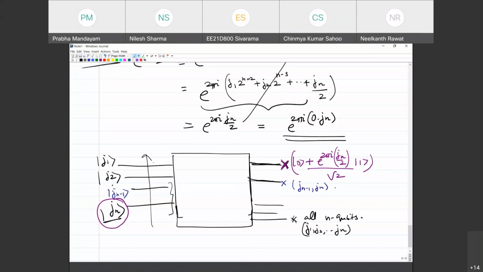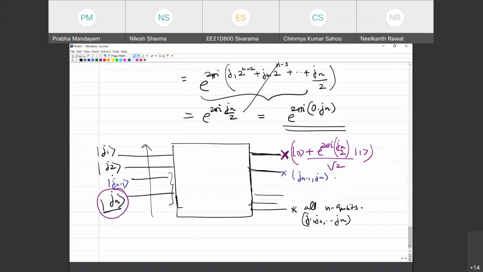So the circuit will basically be comprised of Hadamards and rotation gates, right? And maybe I'll just quickly show you what it looks like or not. I mean, it's going to take me a while to just draw the circuit. So let me do that at the beginning of next class. But because of the way this conditioning is happening, in a kind of inverted way, you will find that what we will end up doing is, you see, this one is conditioned on all the n qubits, right?